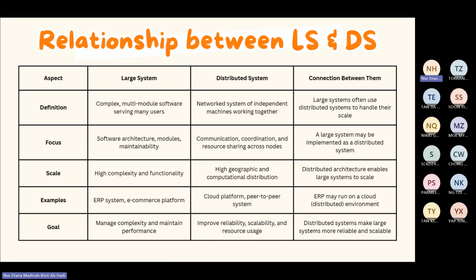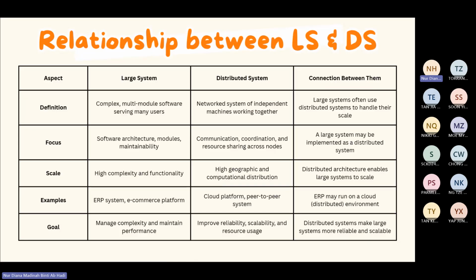But a distributed system means software that runs across multiple machines or hardware to make your large system faster, more reliable and scalable. Therefore, every distributed system can be part of your large system, but not every large system is necessarily distributed.